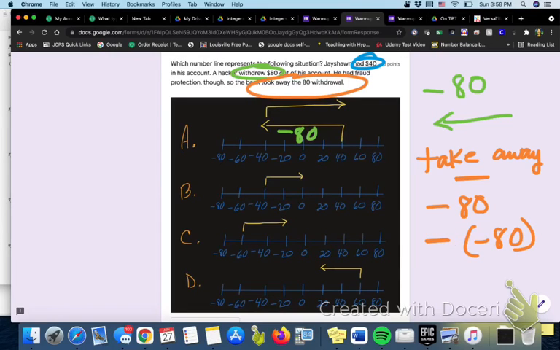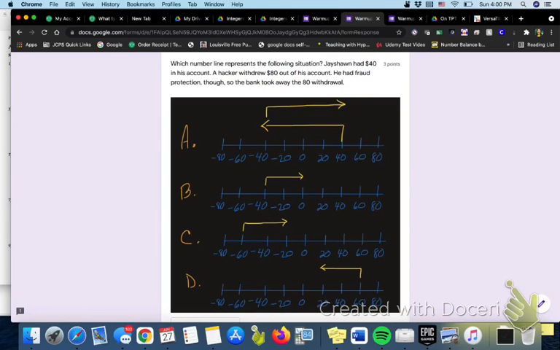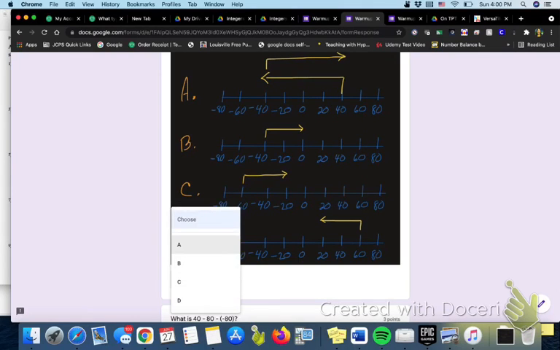What happens when you take away a negative? That's really the same thing as adding. They basically just put that $80 back. So after we took away the 80, you can see here that we're going back in the other direction where they put the 80 back. That's another reason that option A is the correct answer. So make sure we put A.